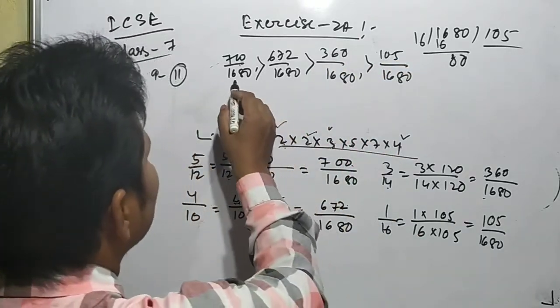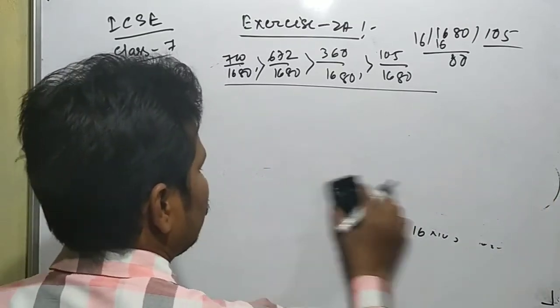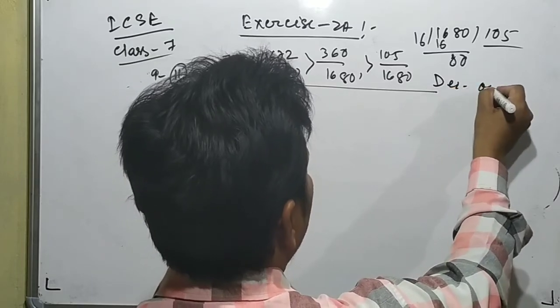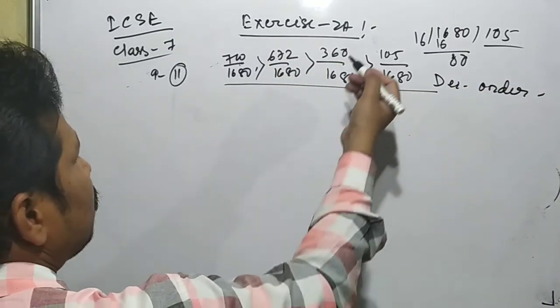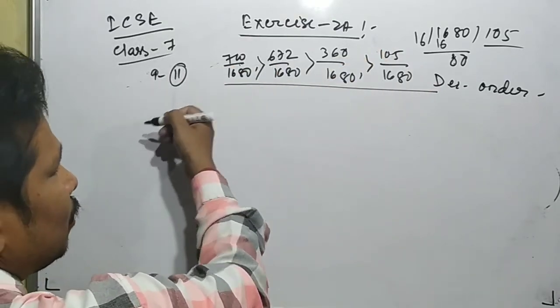So here we can write that this is in descending order. Sorry, ascending order: first the smallest, then more, and last the largest.